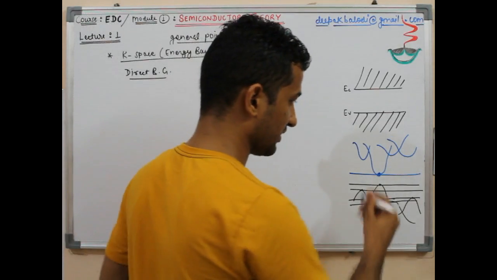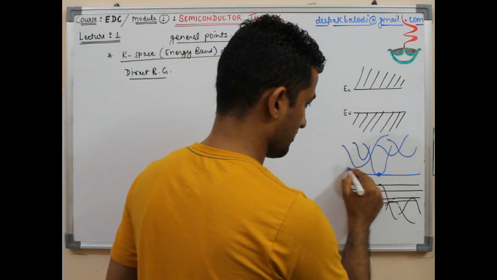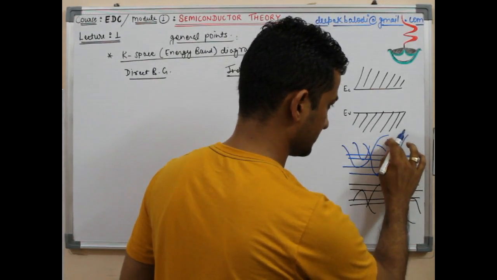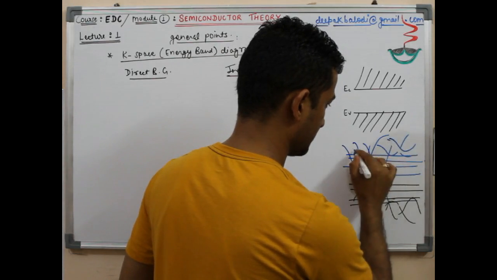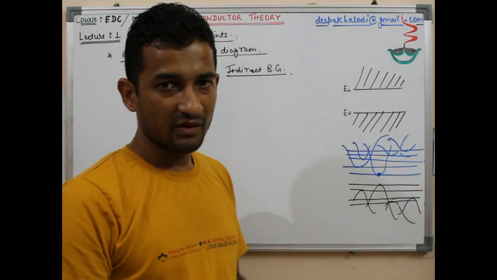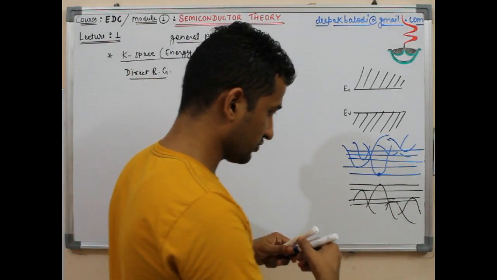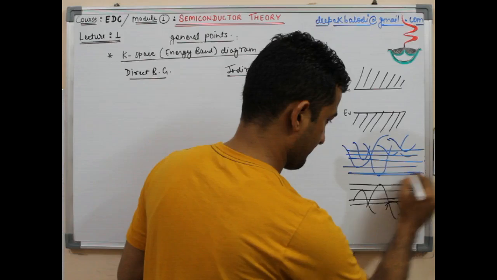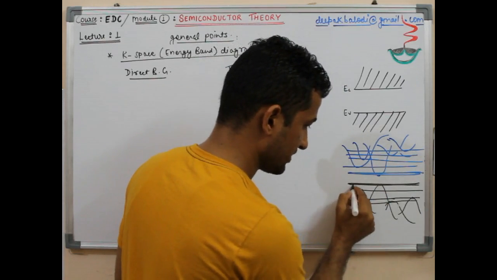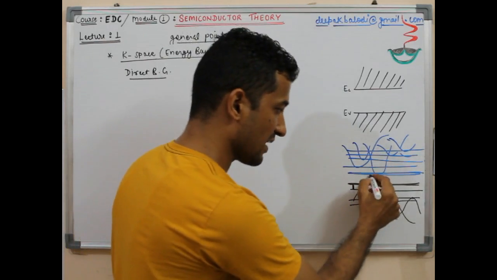And similarly here, if we have to mark energy levels, like this, then these levels are fairly very close to each other, so the gap between any two discrete levels is much smaller than the band gap.